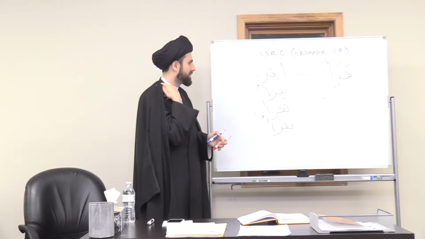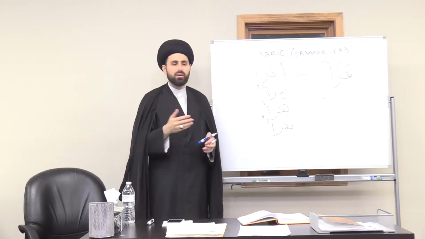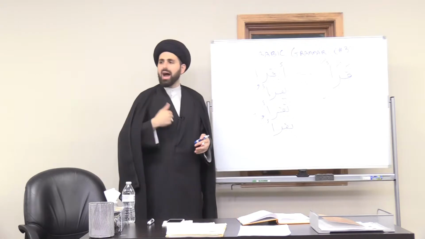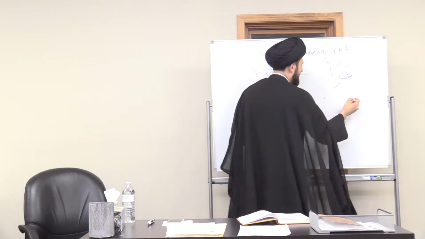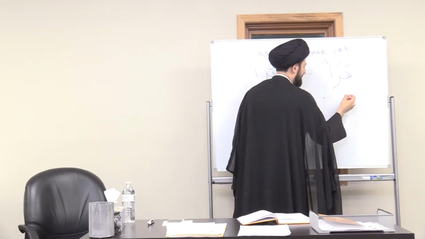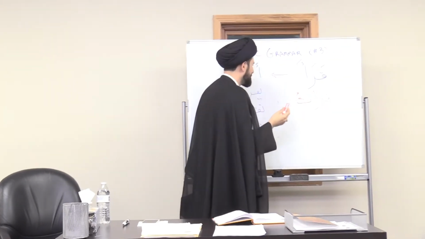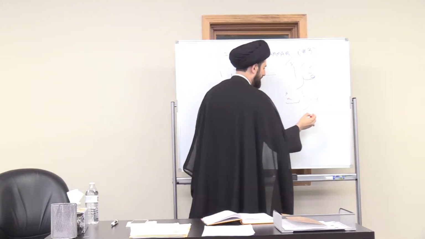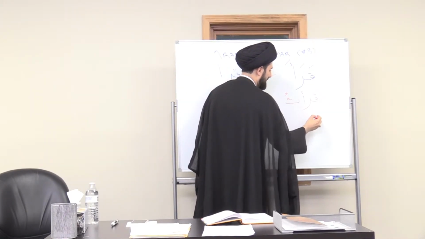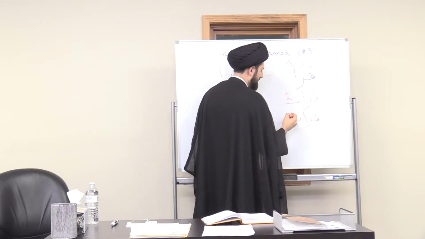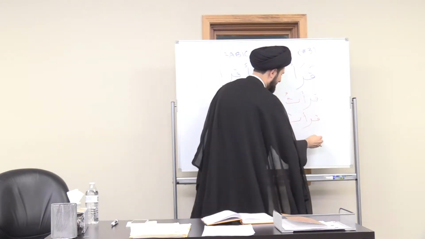For the past tense verb, if I want to say he read, it is qara'a. If I want to say I read, what would you say? Qara'tu. She read, qara'at. We read, qara'na.